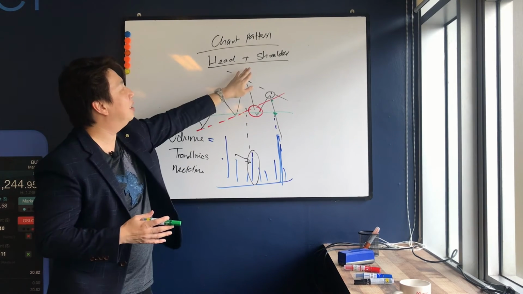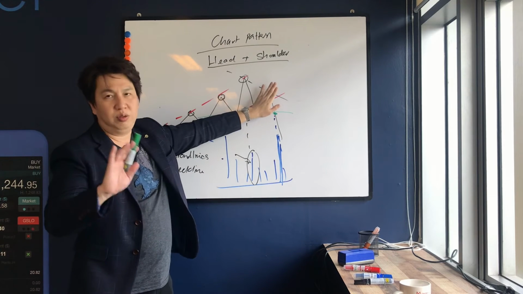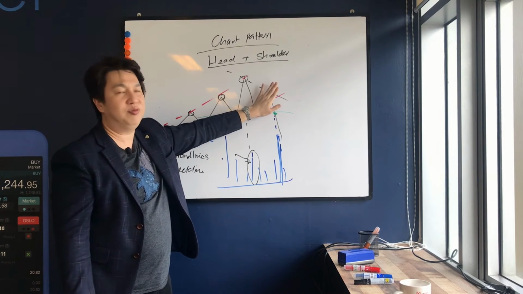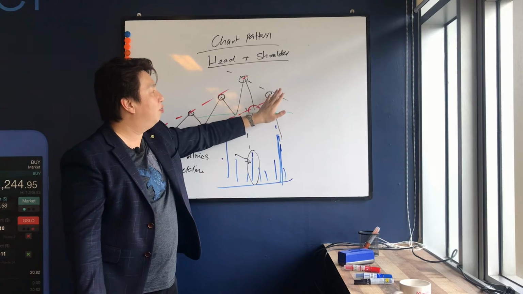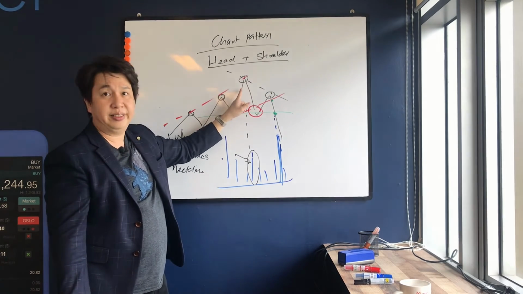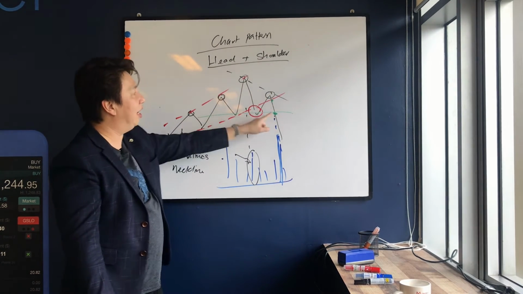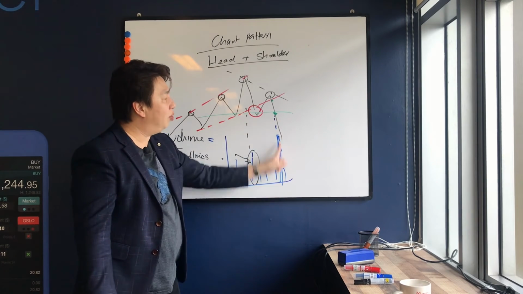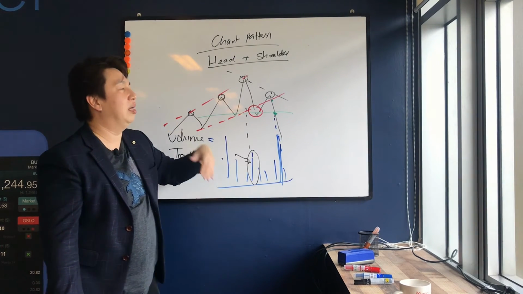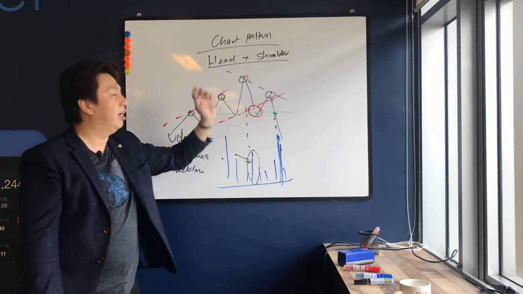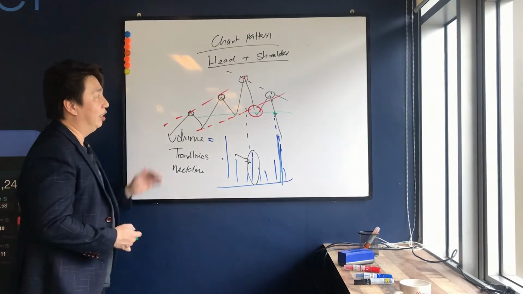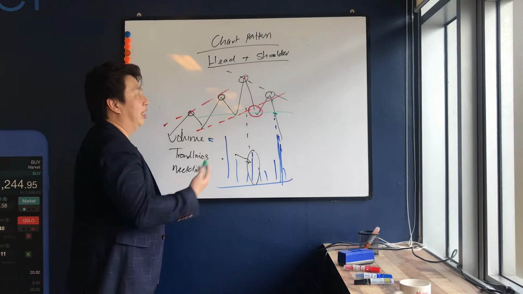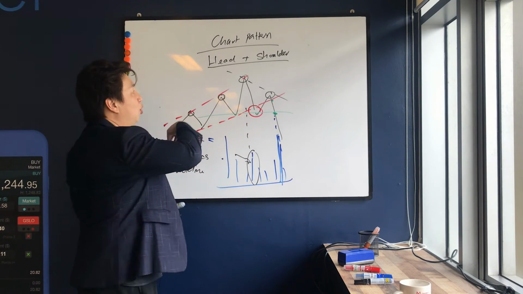So even when the price makes a new high with low volume, you do not assume that the head and shoulder is being formed. Only when it forms a lower high, and only when it breaks the trend line, and even with the volume here, then you can be more sure that this is an actual break of the neckline, to tell you that the price is going to reverse.